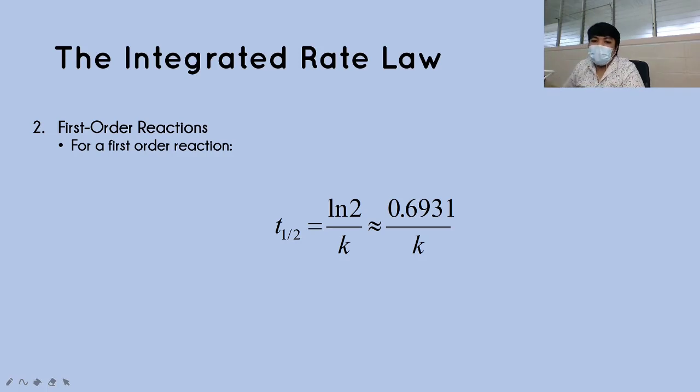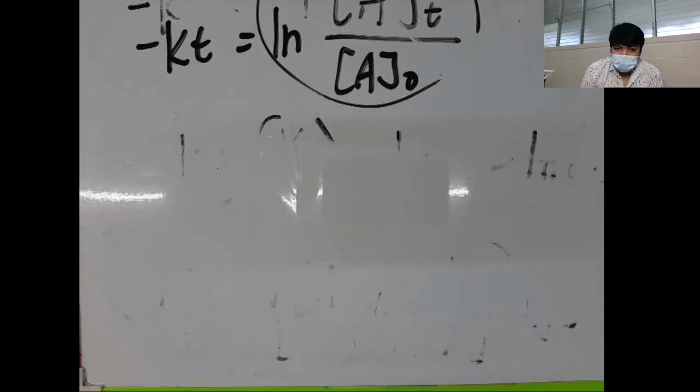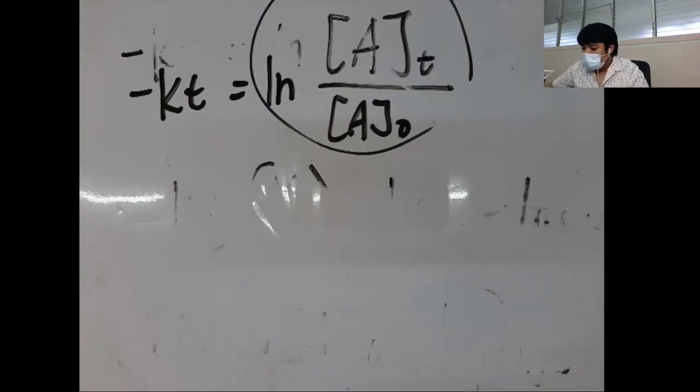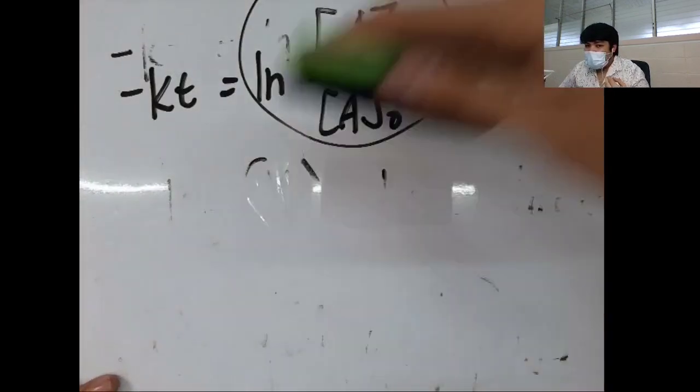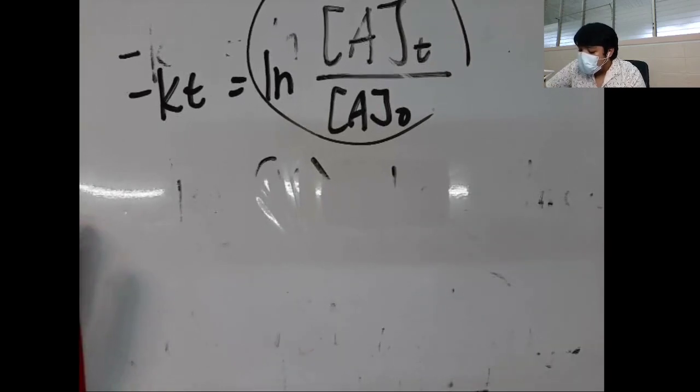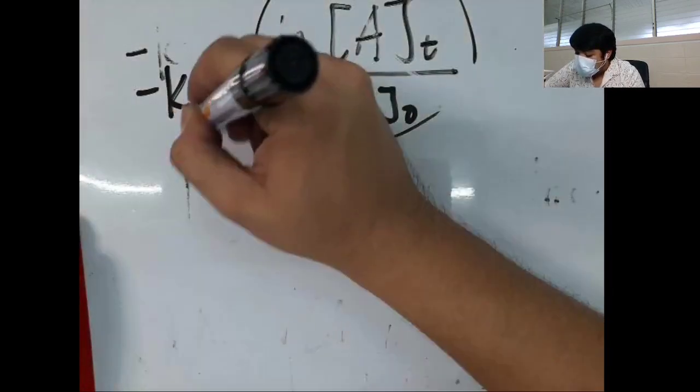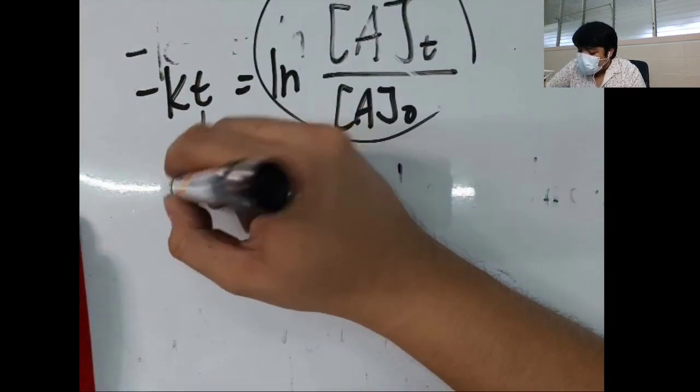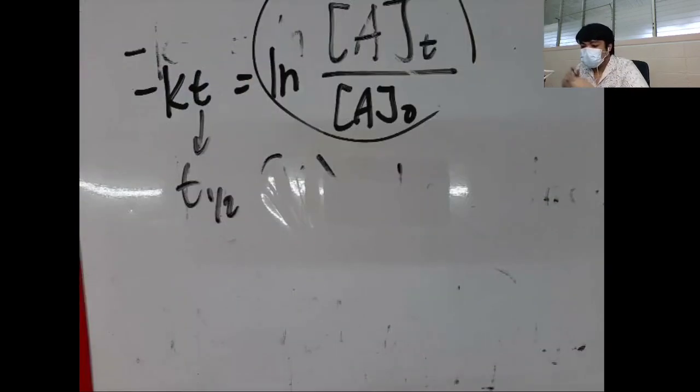Again, going back to the integrated rate law of the first order reaction. My camera is responding slowly, so forgive me, guys. So again, the t here will now be t1/2, or our half-life, okay?